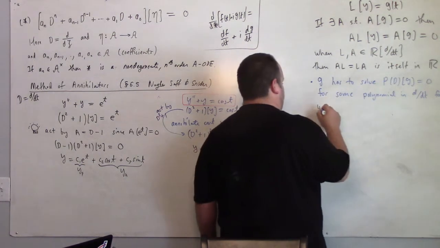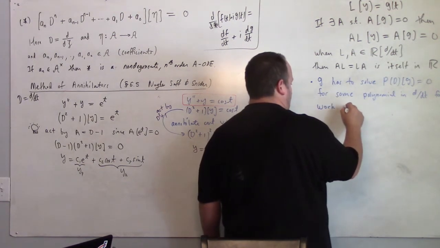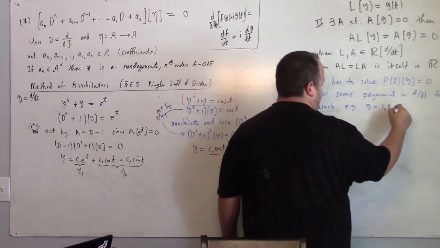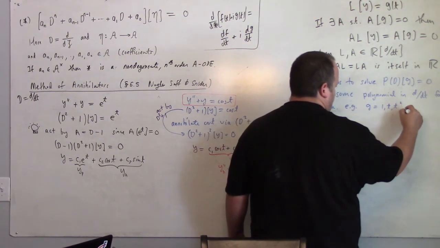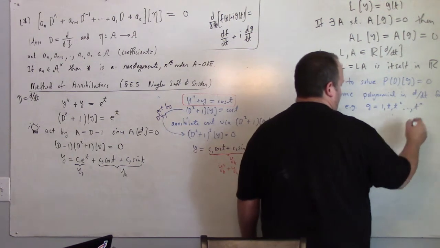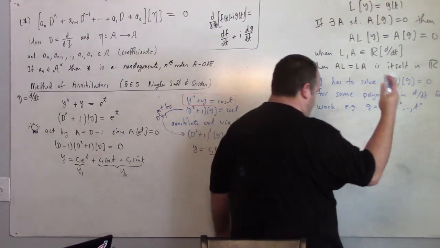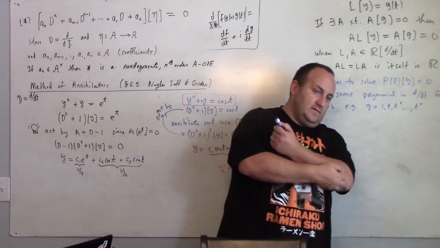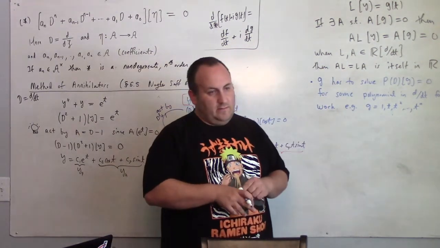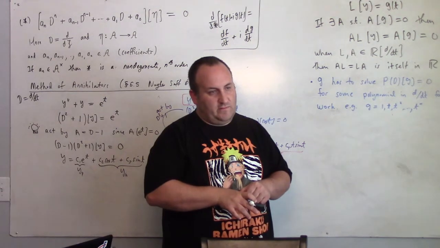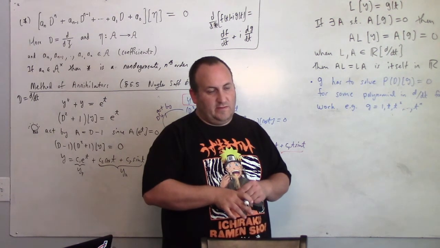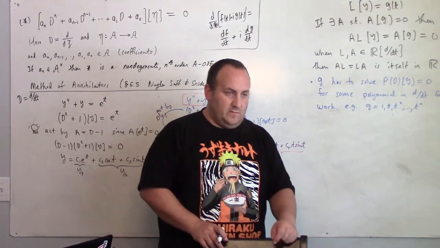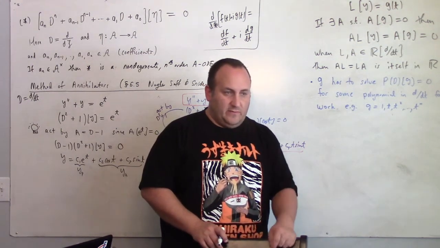And so what is that? 1, t, t squared, you know, t to the n. Any polynomial in t is the solution to a differential equation with constant coefficients. Namely, an nth order polynomial is the solution to y to the nth derivative equal to 0.